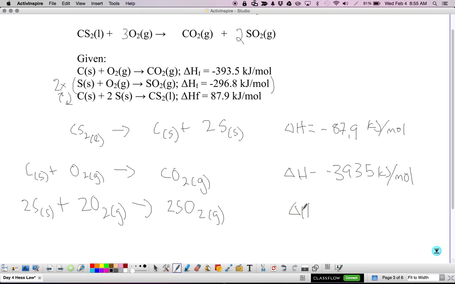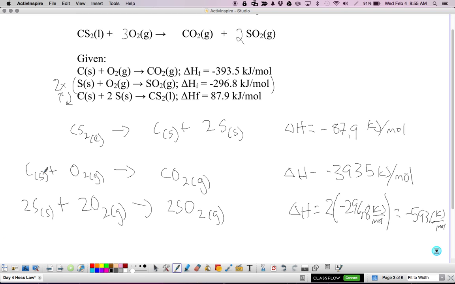Delta H is going to be 2 times negative 296.8 kilojoules per mole. And if I do the math on that, that's negative 593.6 kilojoules per mole.